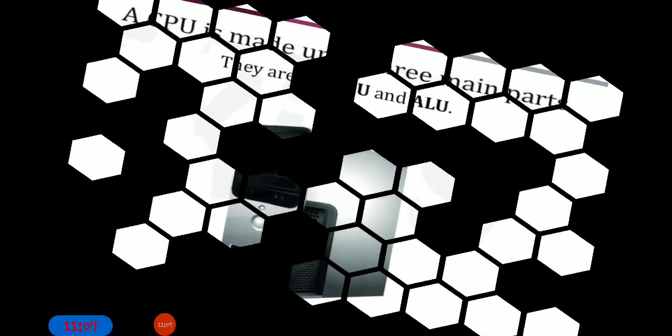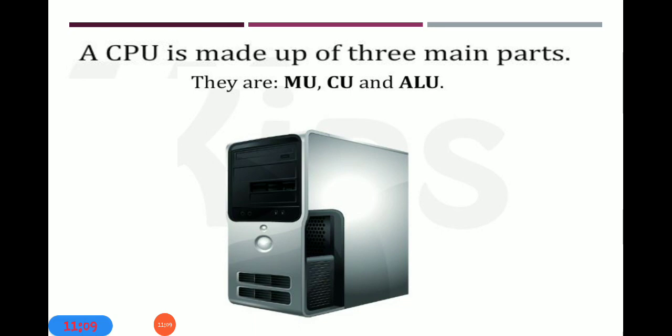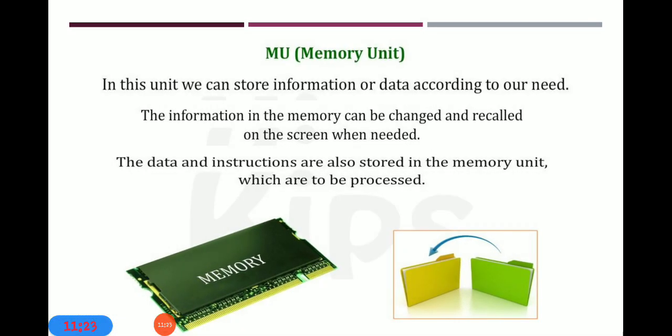Now, a CPU is made up of three main parts. Again, just like the monitor, the CPU is also made up of three main parts. They are MU, CU and ALU. What is MU? Memory unit. What does this unit do? In this unit, we can store information or data according to our need.